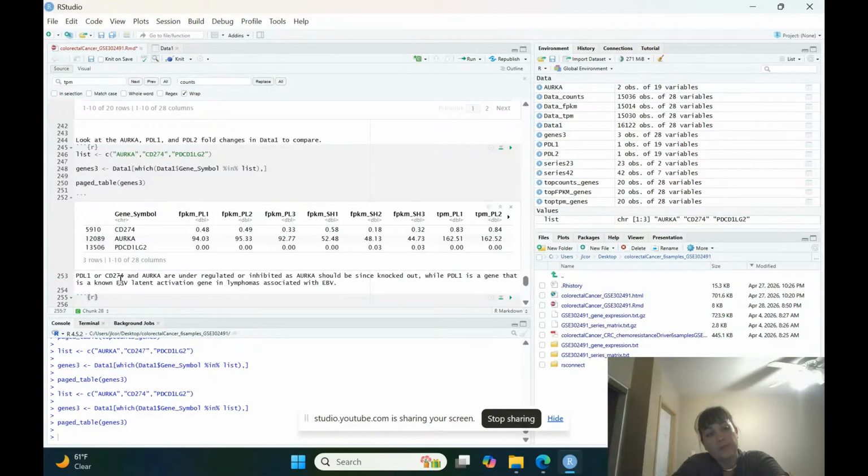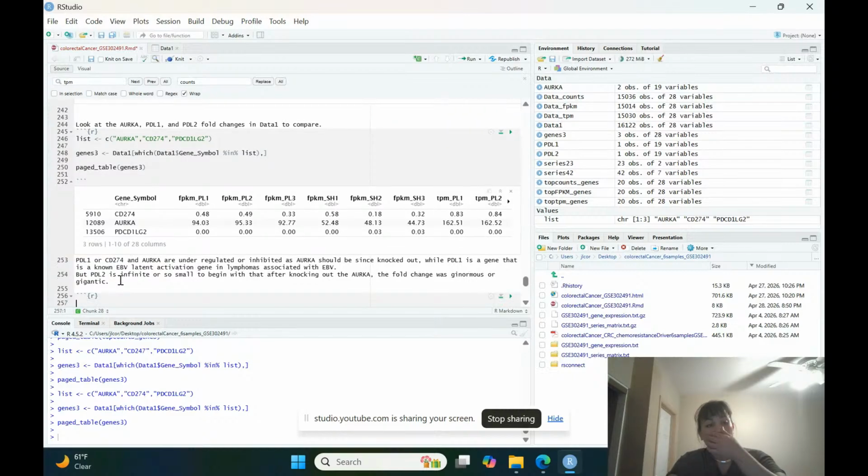Okay. But PDL2 is infinite or so small to begin with that after knocking out the AURKA, the fold change was ginormous. Ginormous or gigantic.